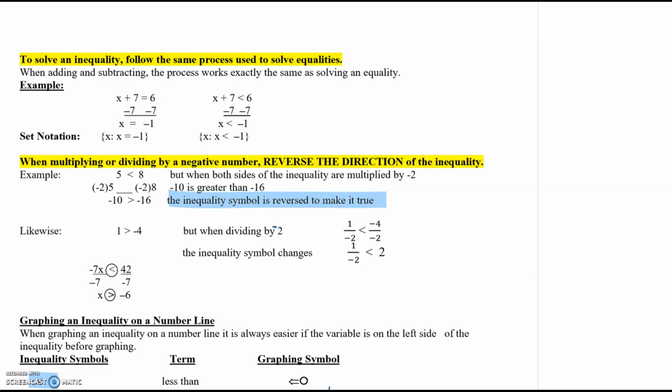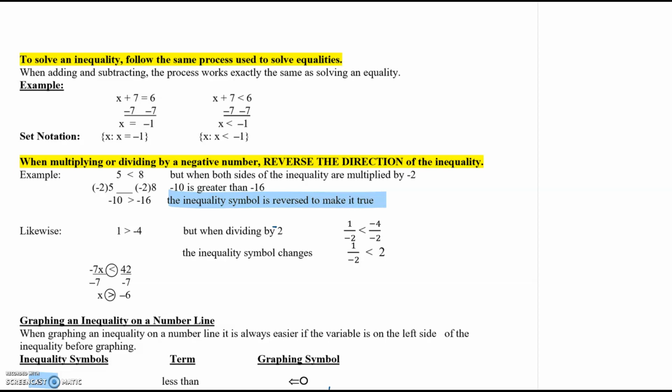The difference about multiplying and dividing an inequality is that you must remember, by a negative, you must remember to reverse the direction of the inequality symbol. If you're multiplying or dividing by a positive number, you don't do this. It's only when you're multiplying and dividing by a negative.